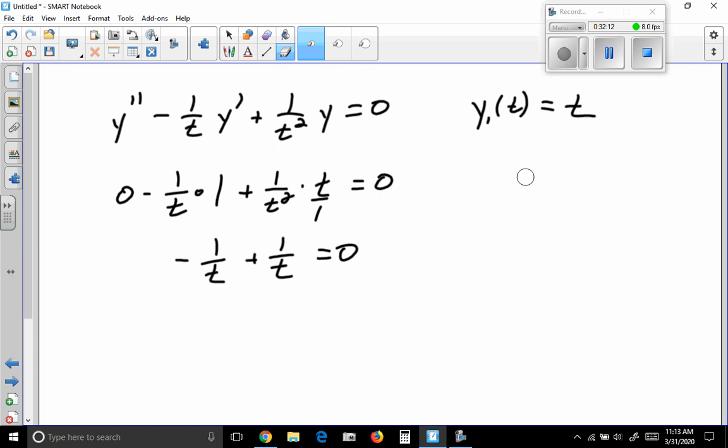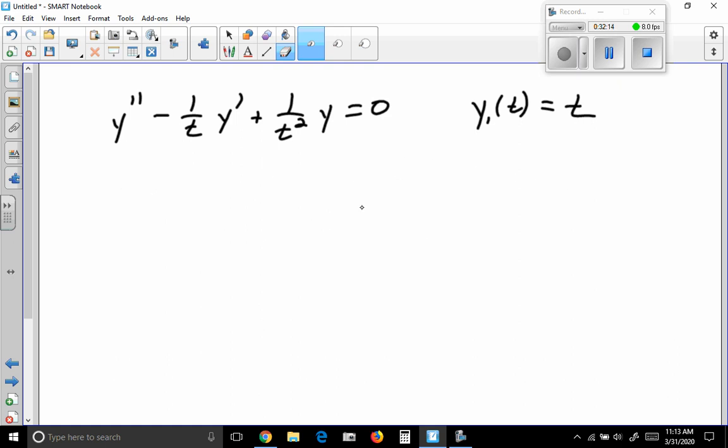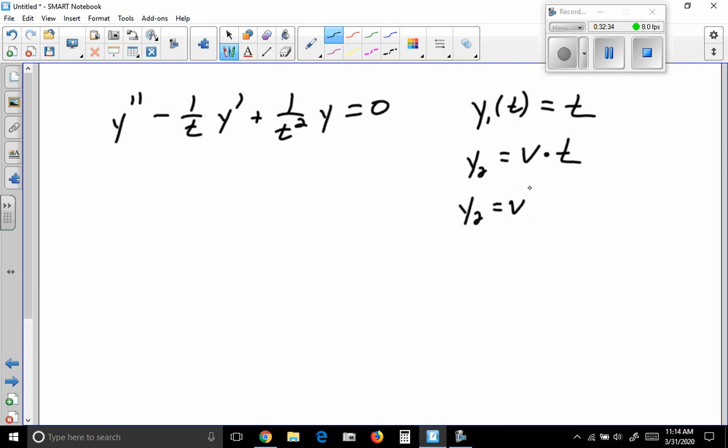So, knowing that solution, we want to find another solution. So we suppose that a second solution comes from some function v of t times t. Let's take our first derivative: the derivative of v times t plus v times the derivative of t. So v prime t plus v, that's our first derivative.